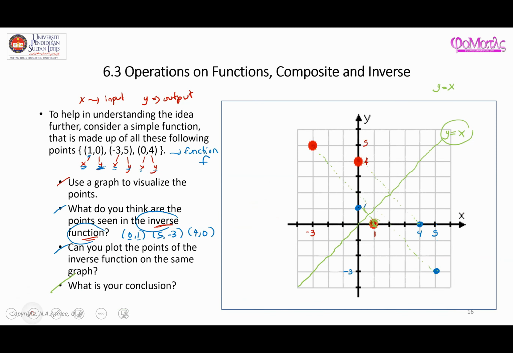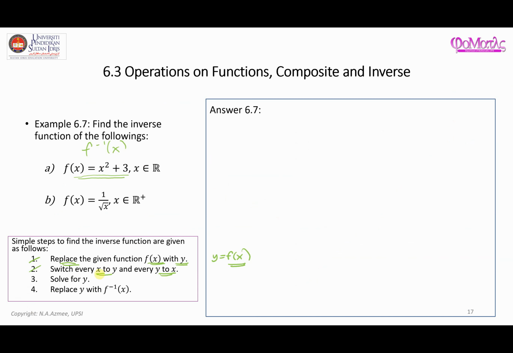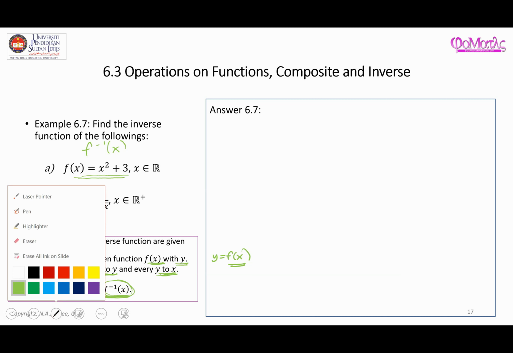So you're going to switch. x will become y and y will become x. Next, you're going to solve for y, because y is what you're looking for, and y is actually the new inverse function. And after you are done with solving y, you're going to replace y with this notation of inverse function. Very simple. So let us try and do the first question.